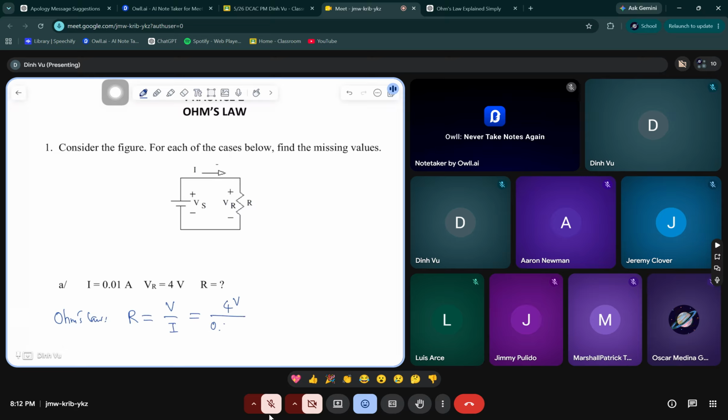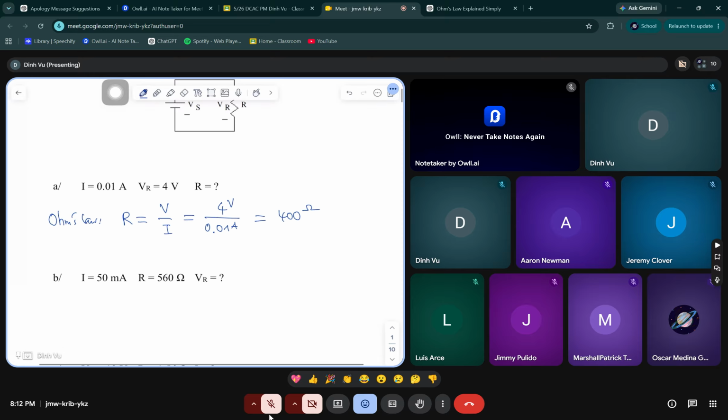I is 0.01 ampere. If you divide, you obtain 400. And the unit here, voltage in volts, current in ampere, so R in ohms, 400 ohms. Okay?